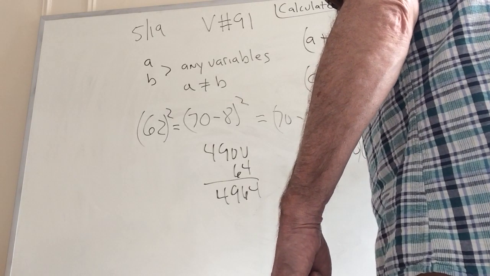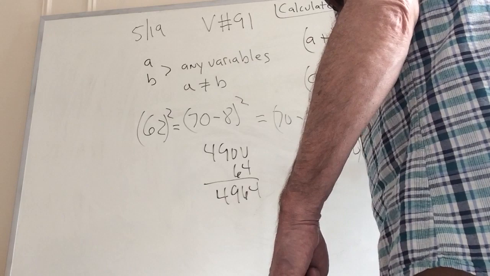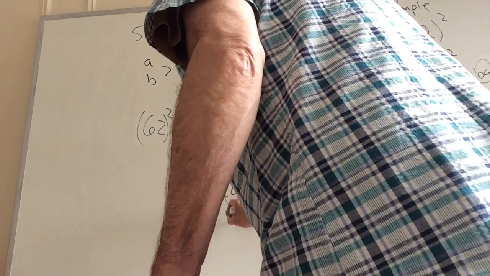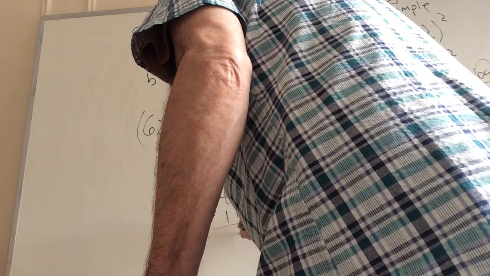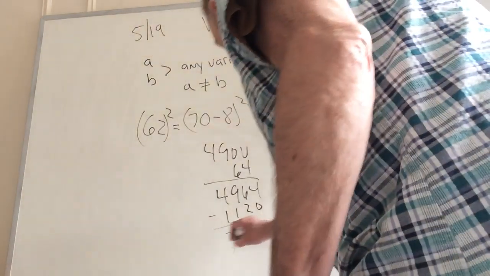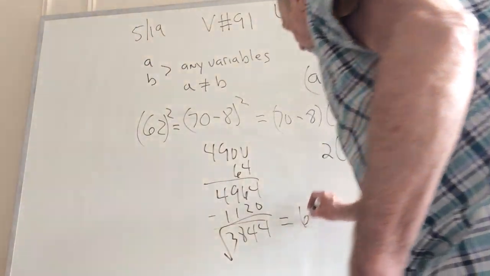There's a 0, and there's a 12, carry the 1, so minus 1,120. And then again, if you notice, we're coming up with the same answer, the square root of which is 62.